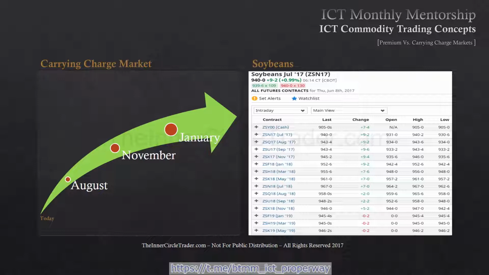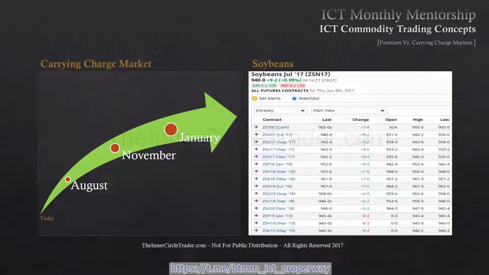Now, a carrying charge market is simply today's price viewed in the nearby contract. If today's price is $9.40 on the July contract of 2017 soybeans, we could see in August, the next month out, there should be an increase in that premium or closing price, and we see it here.